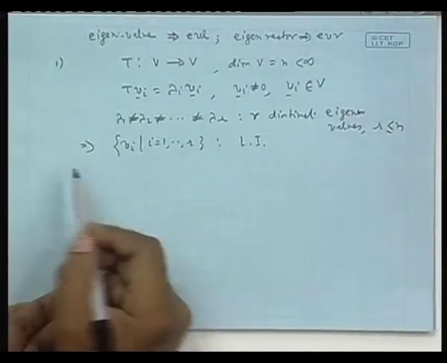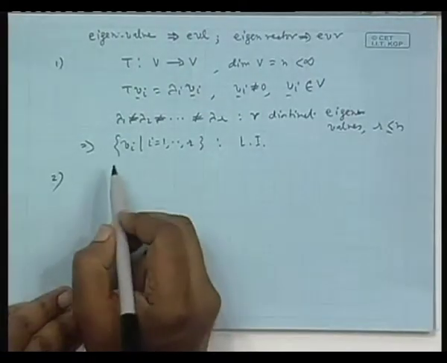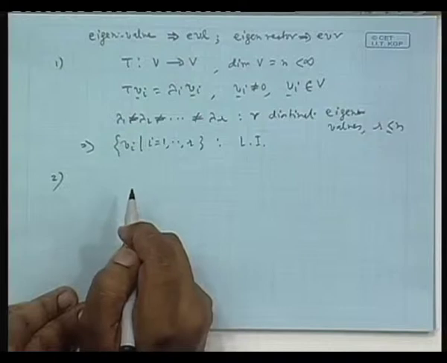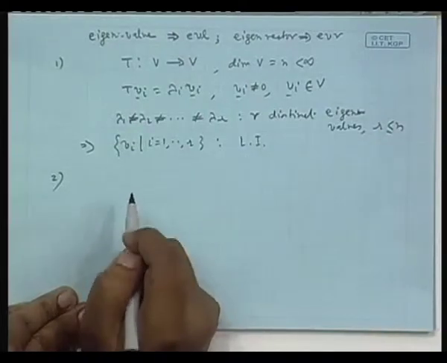Secondly, we have also seen the concept of eigen subspace corresponding to a particular eigenvalue, say lambda_i.